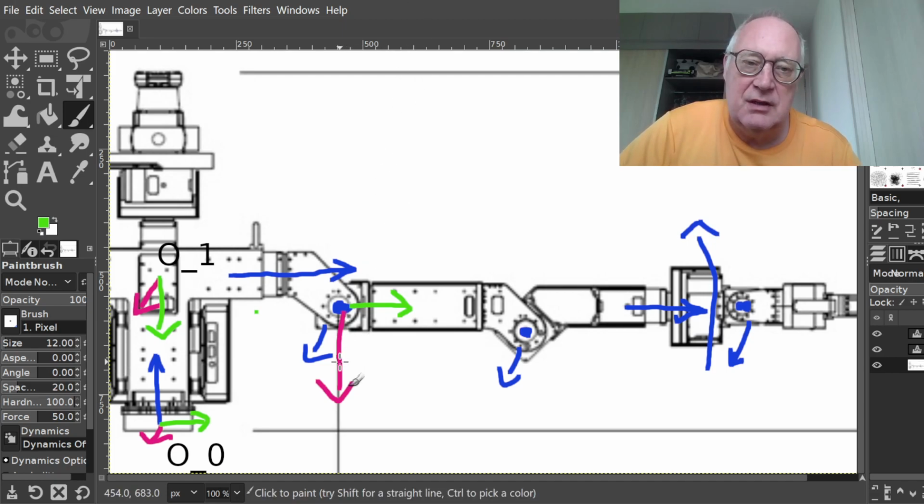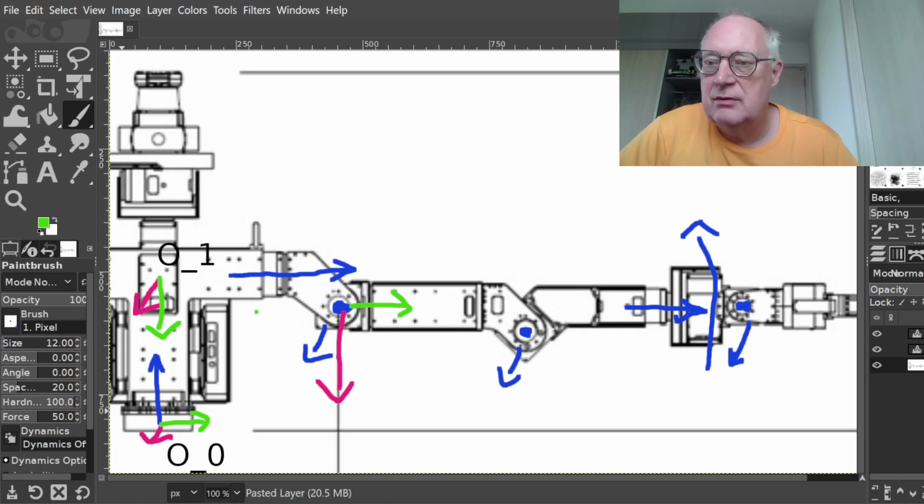Here we need to rotate around X now. So that should be negative. Okay, yeah, should be negative.